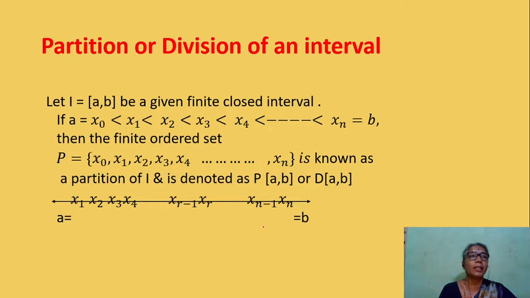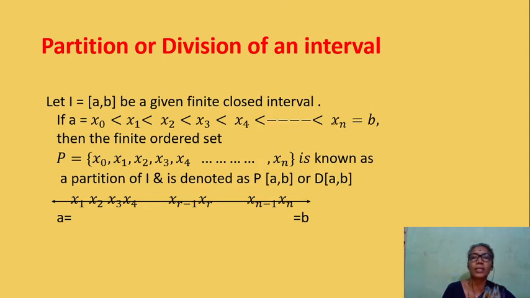Now we'll see what is a partition or division of an interval. Let the interval I equals the closed interval [a, b] be a finite closed interval. We take points x0, x1, x2, and so on up to xn, such that x0 is less than x1, and so on, less than xn.